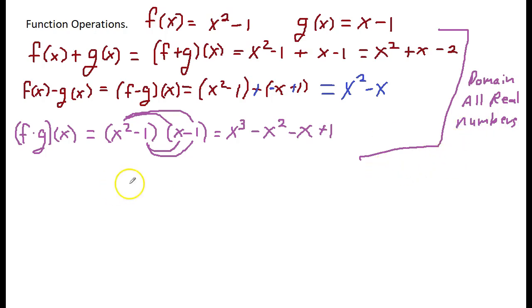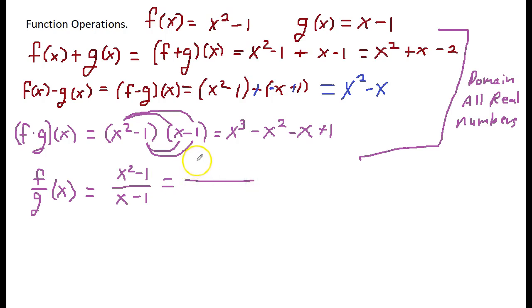Okay, and the way our textbook writes this is f over g, and then x. This just means f of x divided by g of x. So I take my f of x function, which is x squared minus 1, I put it on top, and my g of x function goes on the bottom, x minus 1. Now, if this were not factorable, I'd say you're done, but we're not, because the numerator is factorable.